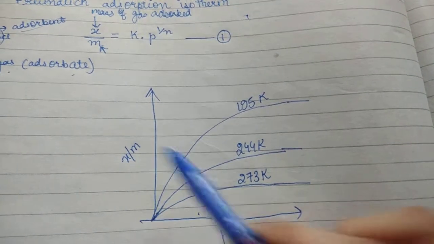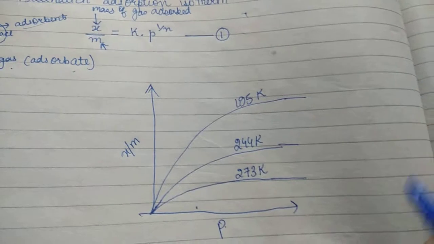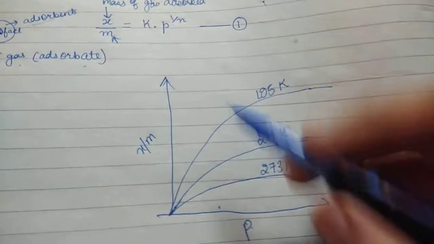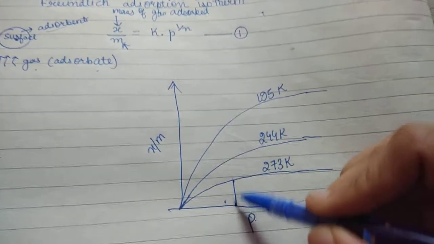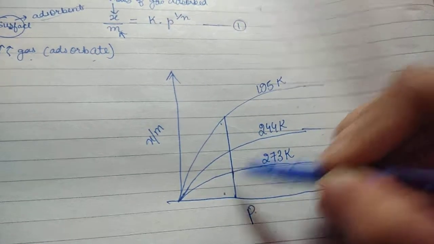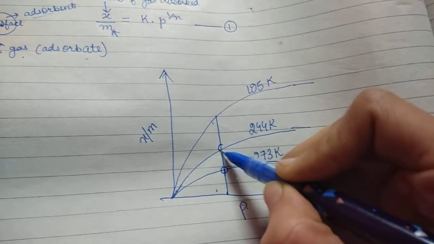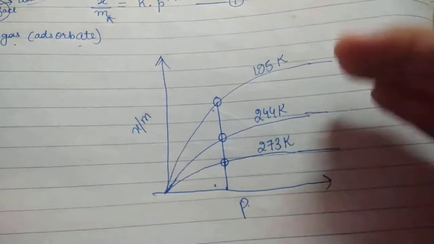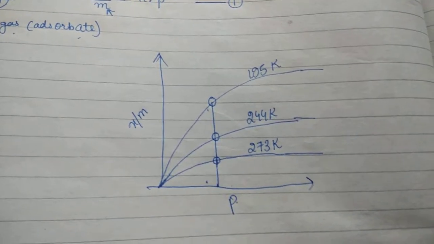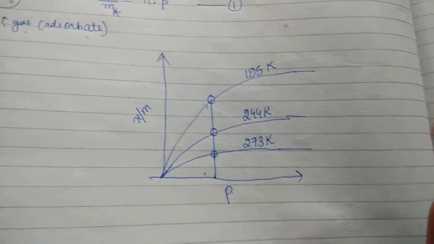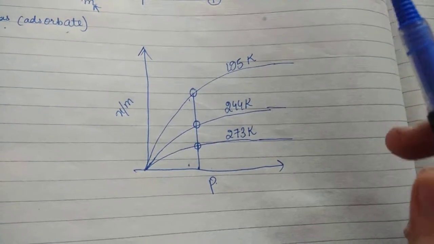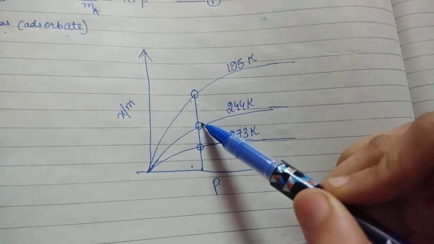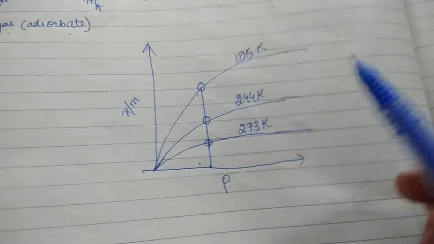That means the extent of adsorption at high pressure becomes constant. Now when we talk about a fixed pressure, say let this be a fixed pressure, and we have taken it at different temperatures, if you observe carefully, you will see that as the temperature increases, the adsorption decreases.